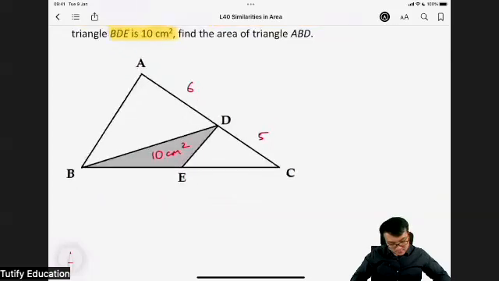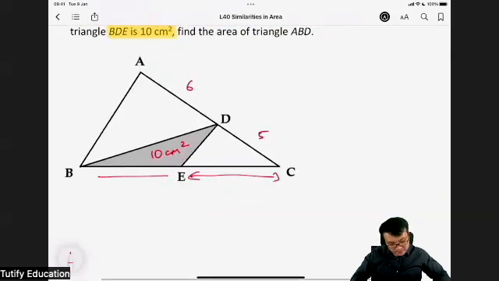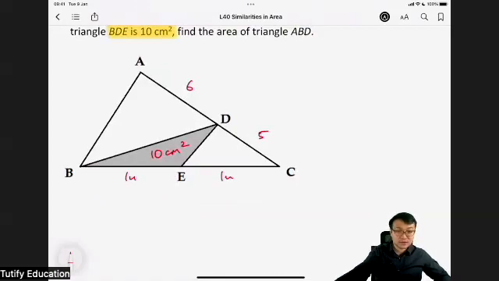No. So are they going to be the same length here and the same length here? Yes. If they are the same length, I should give them the same units. So I can just say 1 unit, 1 unit. Or if you want to do 2 units, 2 units, 3 units, 3 units, up to you, as long as they are the same. So I'm going to say 1 unit and 1 unit.